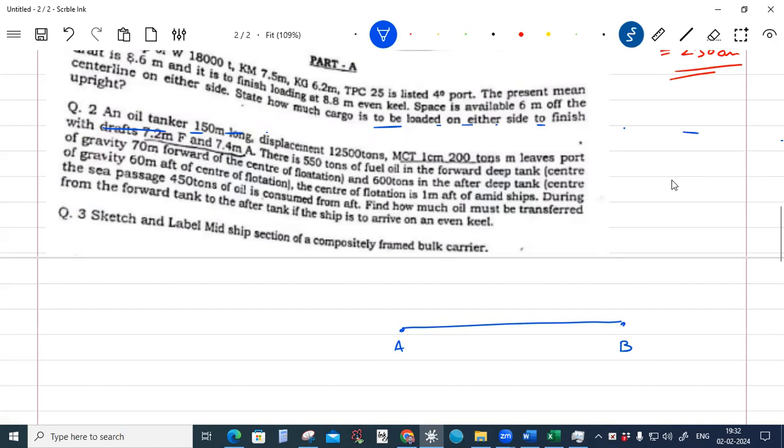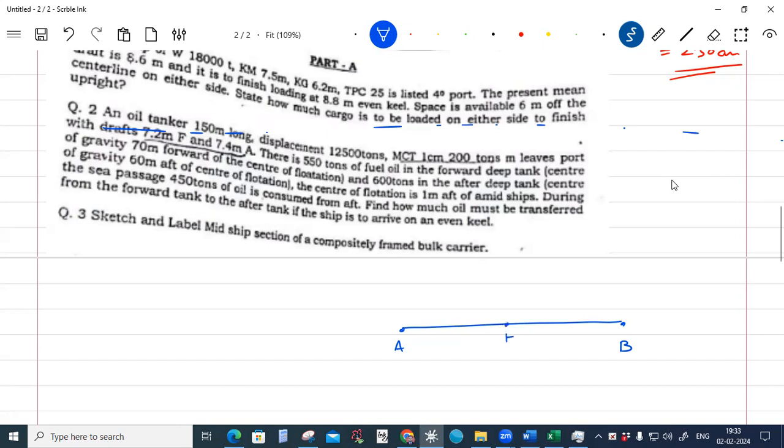Displacement is given. MCTC 200 ton leaves the port with a draft 7.2, 7.4. There is 550 tons of fuel in the forward deep tank, center of gravity 70 meter forward of the center of flotation, and 600 ton in the after deep tank. The center of flotation is 1 meter aft of midship.